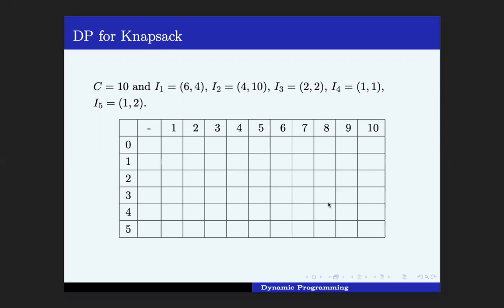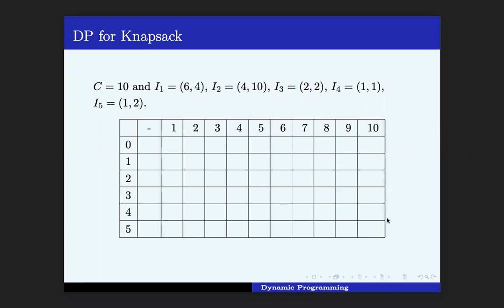So any of the squares can be filled with only a constant number of operations. So what is the time taken to complete this whole thing? It will be C times n, because this is the size of the matrix. So I can fill up the C times n matrix, each taking just constant time, right?